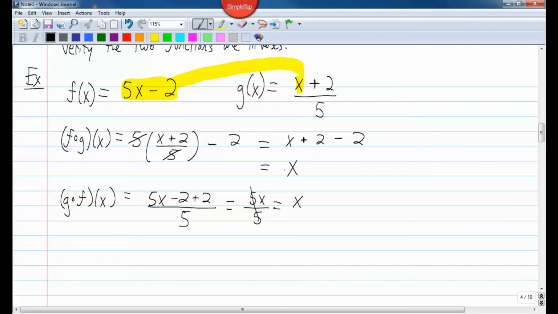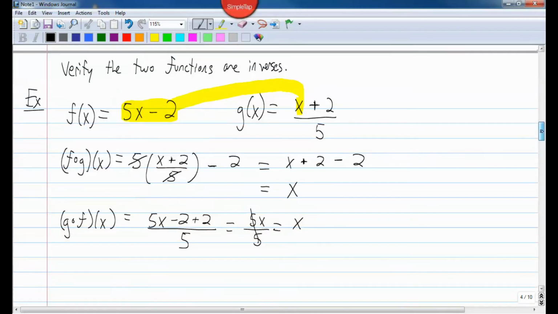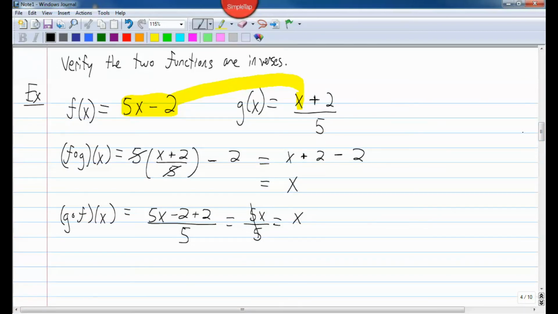So if the directions wouldn't have been verify the two functions are inverses, it would have been are the two functions inverses, and you don't just get x for either f of g of x or g of f of x. If you don't get x for either one, the first one you work out, you can just stop working there. Okay, and you can say, no, they're not inverses. But I was told they were inverses, so I knew that I must have made a mistake writing it down, and I did.